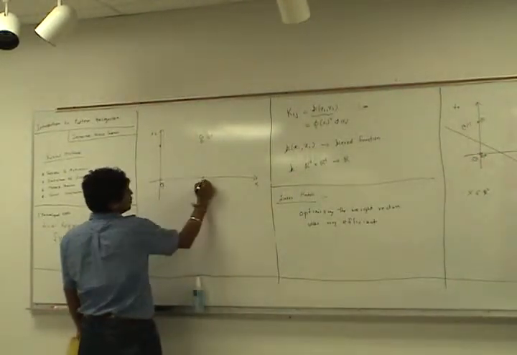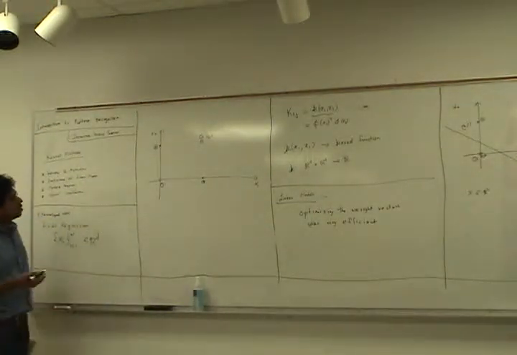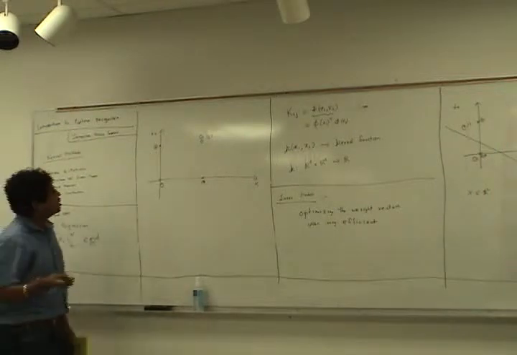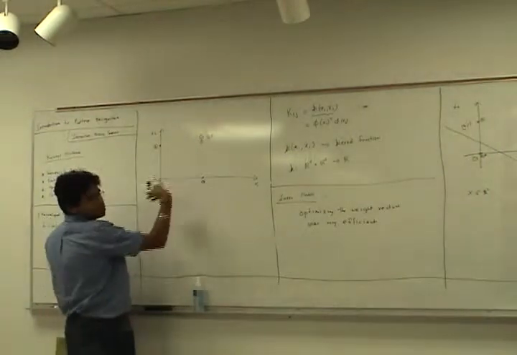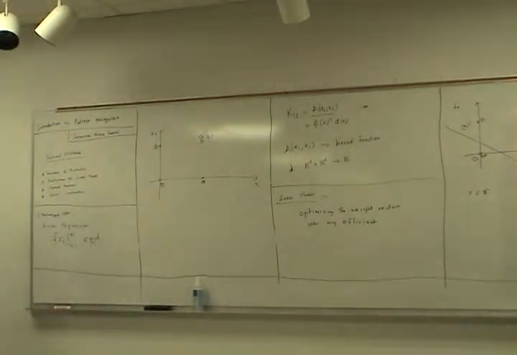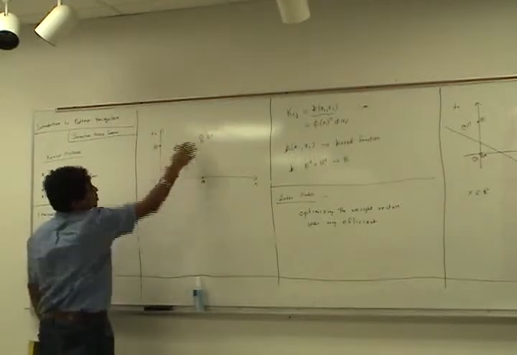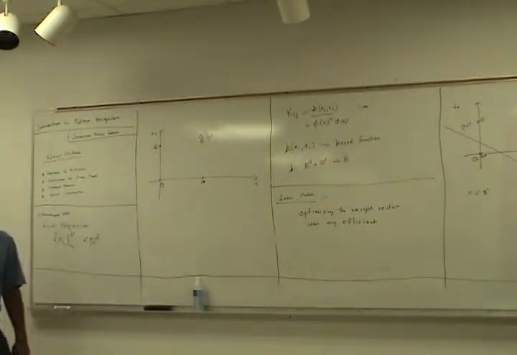So these two are the negative classes, and these two are the positive classes. Can you identify which line separates the two classes? Does there exist a line which can separate the two classes? Is there a possibility?